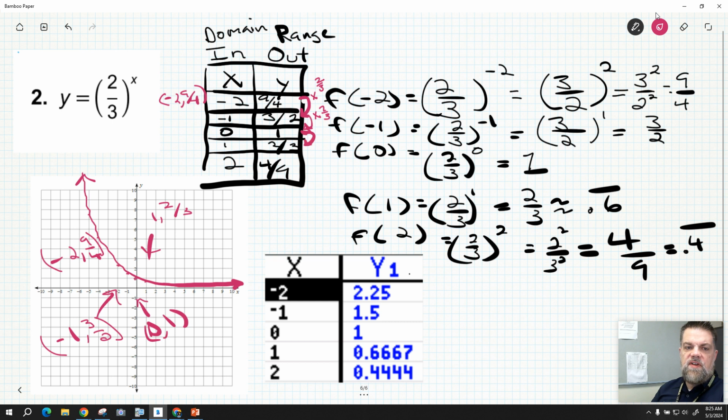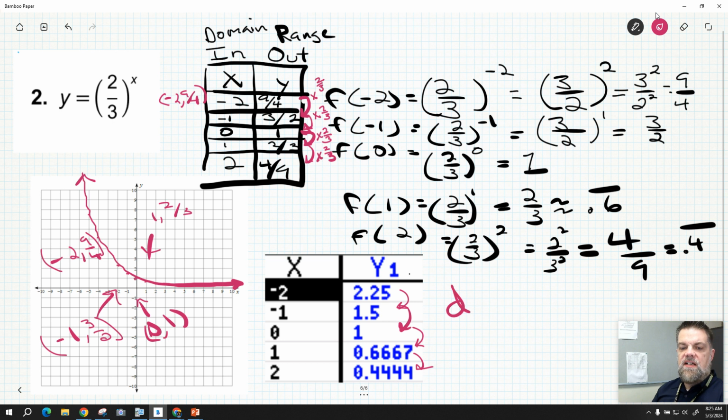To get from this number to this number, you're still multiplying by 2/3. And to get from this one, you're still multiplying by 2/3. But what do you notice about these numbers as we multiply by 2/3? They are getting smaller.